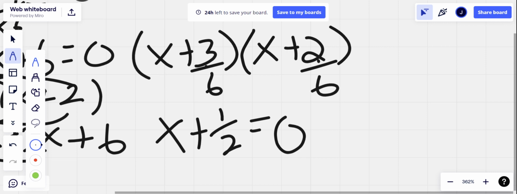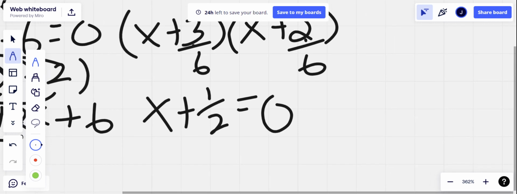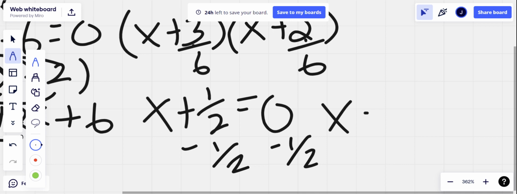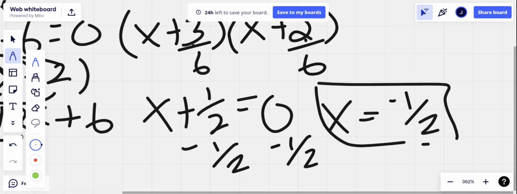We have to set it to 0 to solve for x. So I'm just going to subtract 1/2 from both sides, and I end up with x equals negative 1/2. That is my first solution.